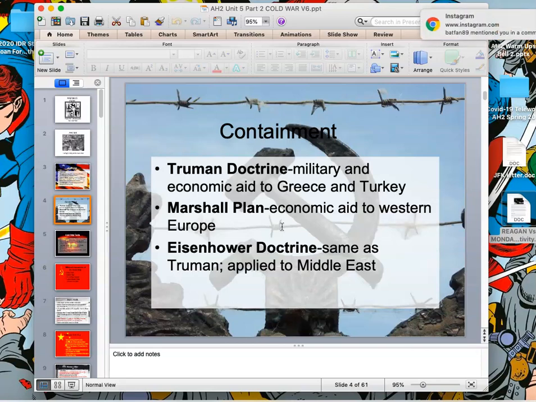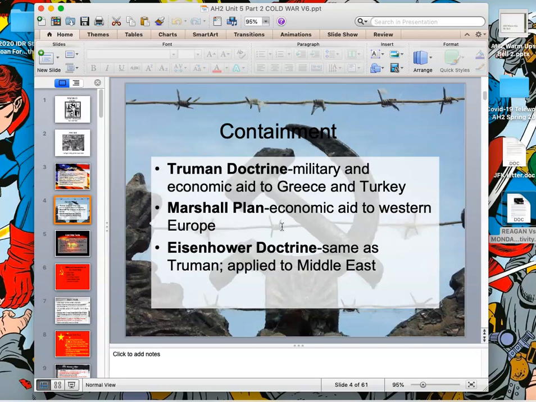We want to make sure that communism isn't appealing to them, which is kind of ironic considering we're giving them money. We want them to create free and democratic societies, whether that ends up happening or not, I'll leave that to your world history teachers. In Turkey, definitely not in present day, and Greece is a pretty socialist country.